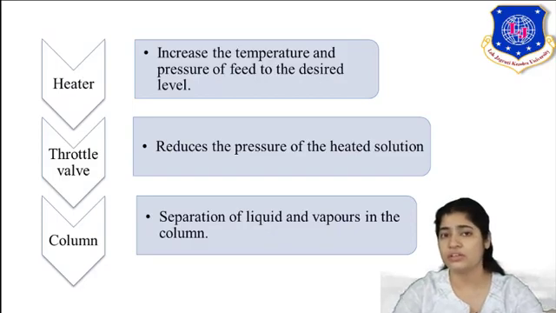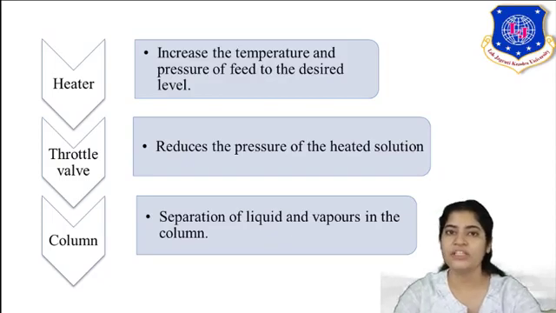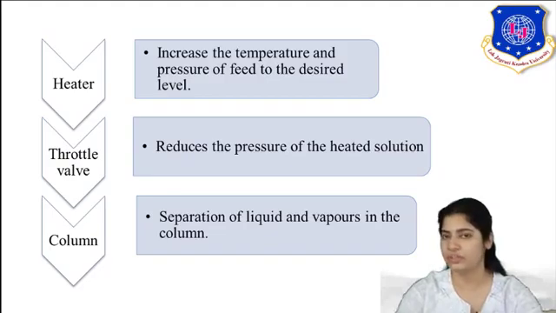Now note down the liquid and vapors which are separated. Suppose in the vapor phase the mole fraction of the more volatile component is 0.7, and in the liquid phase the composition of the more volatile component is 0.5. So 0.7 and 0.5 are now equilibrium conditions. No further separation can take place.